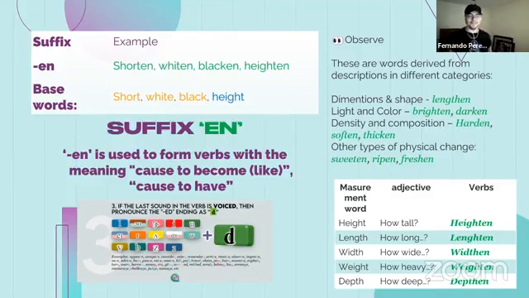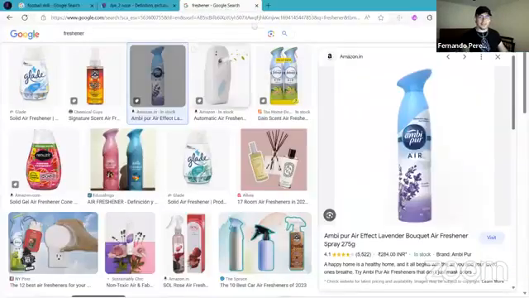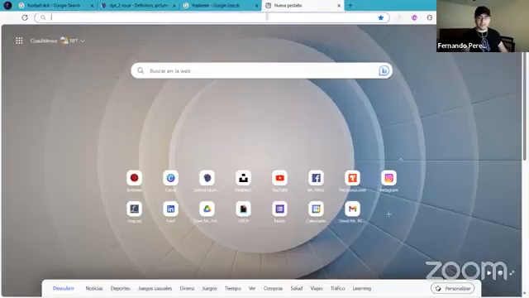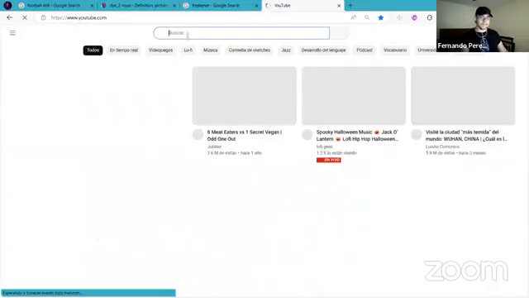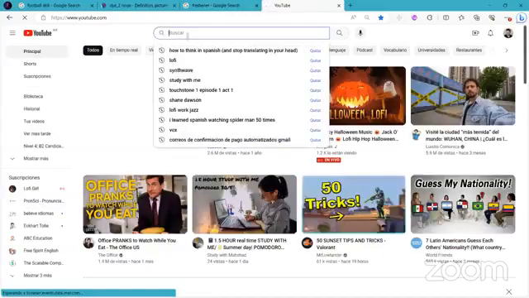Any other word? Ripen. Excellent. Yes, everybody said ripen. I love this movie. Have you ever seen Guardians of the Galaxy? Yes, I love it.